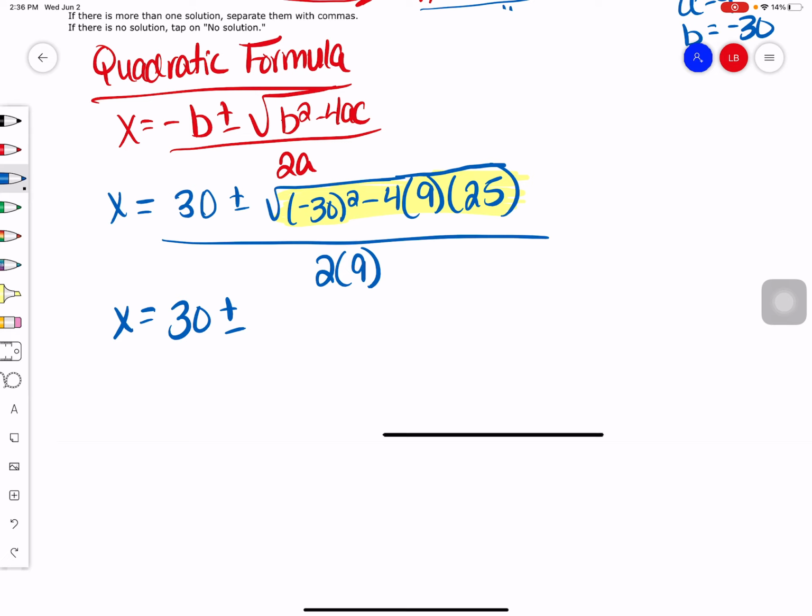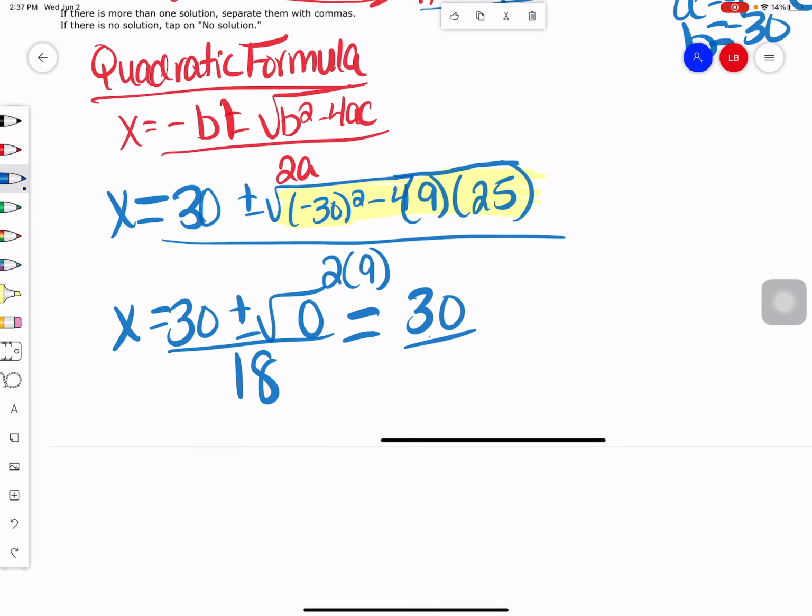But if you do it correctly, that radical should simplify to 0, all over 18. So that is really the same as 30 divided by 18.